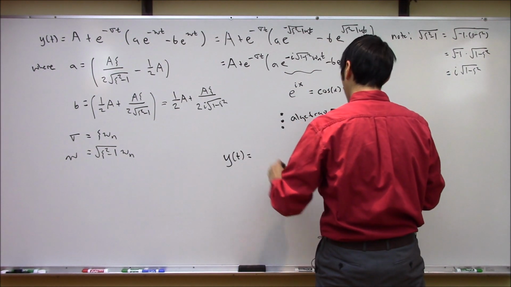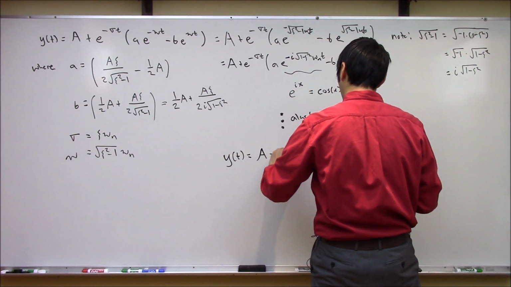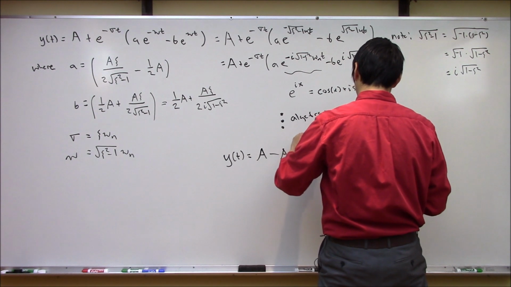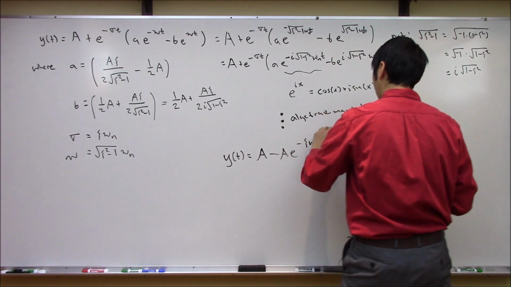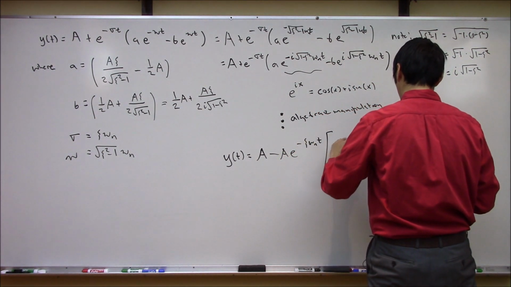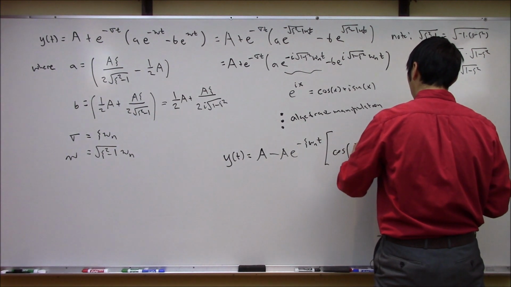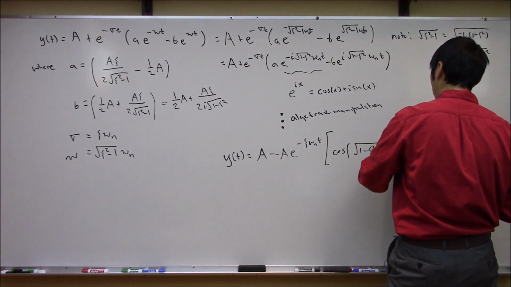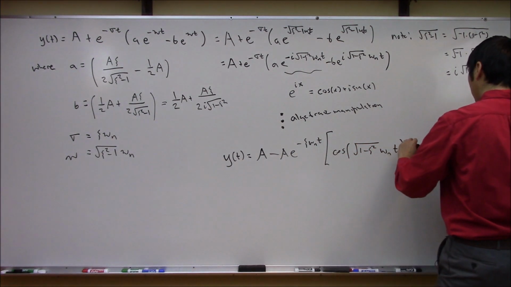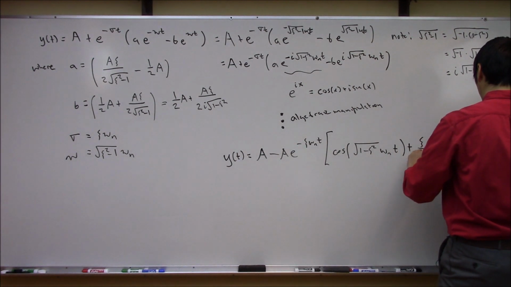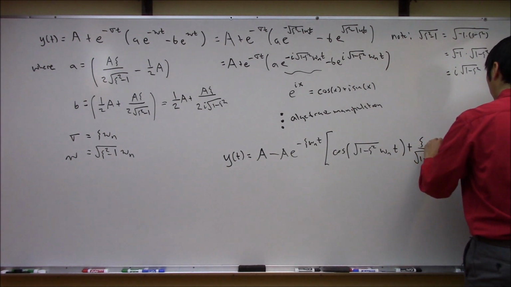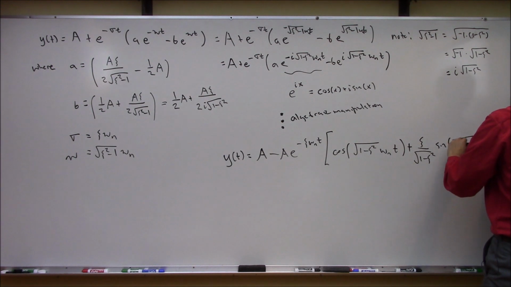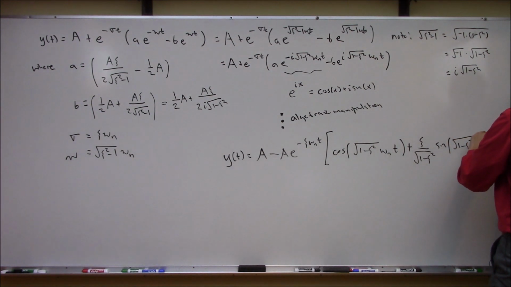It looks like a minus a e to the minus zeta omega n t times the quantity cosine of square root 1 minus zeta squared omega n t plus zeta all over square root 1 minus zeta squared sine of square root of 1 minus zeta squared omega n t.